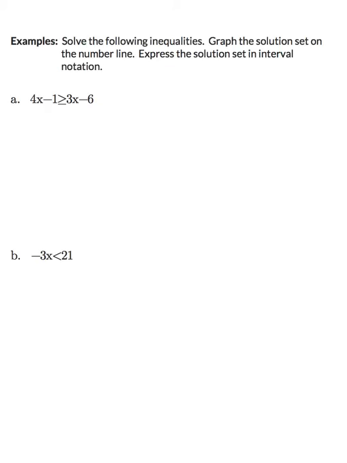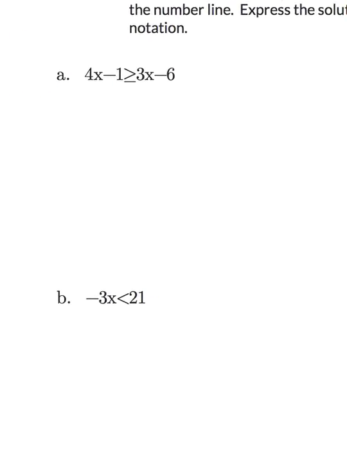Okay, so let's go ahead and look at some examples that involve solving inequalities. If we look at example A, we have 4x minus 1 is greater than or equal to 3x minus 6.